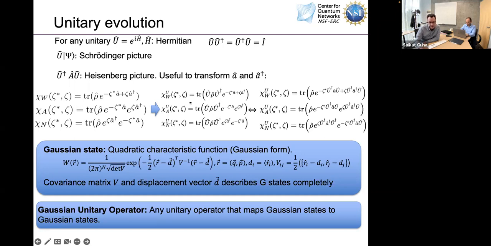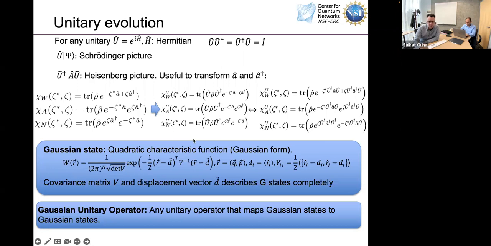Now, the characteristic function is defined through this trace, and in the trace I have the cyclic property, so I can permute operators in a cyclic way within the trace. That means I can take this U and put it here, and then from functional analysis, I can put the U dagger and the U, which are on the left and the right of that exponential operator, inside the exponential itself. So instead of changing rho, I can change, in the Heisenberg picture, A and A dagger.